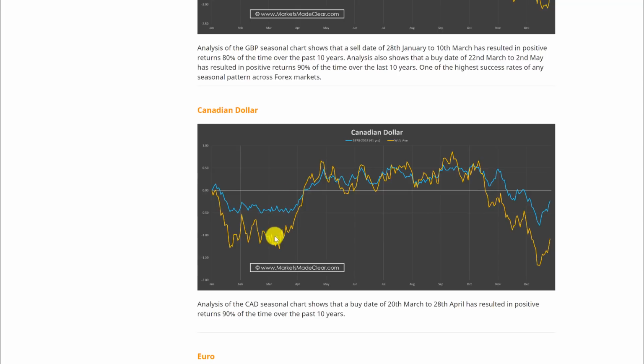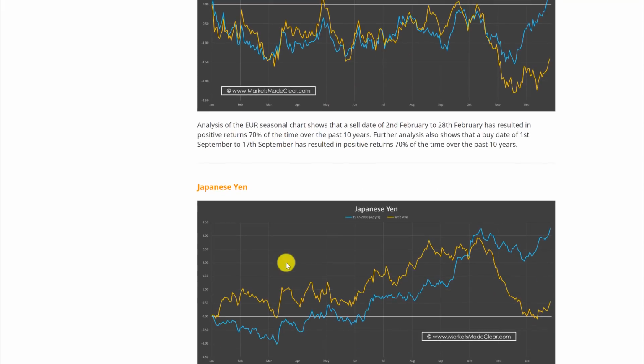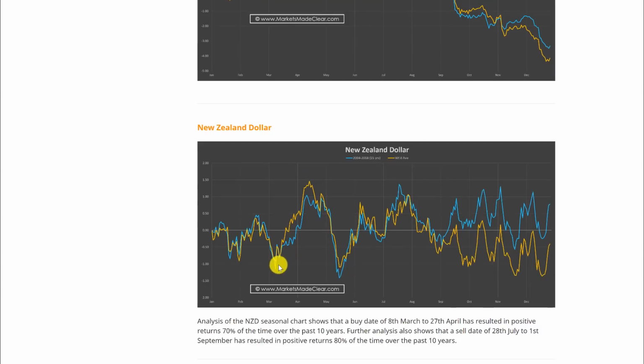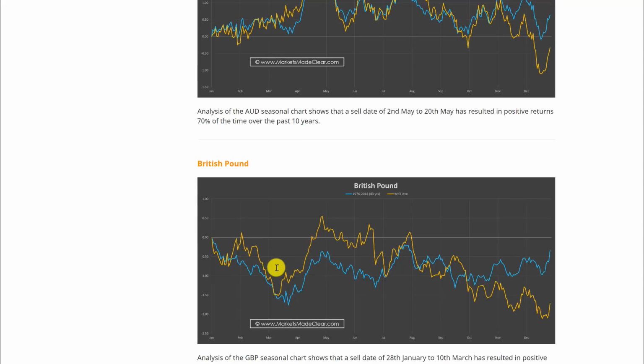Canadian dollar, another one, a bit of a divergence between the two seasonal patterns that we have, but both then align through April again. The euro a bit messy, and we even see strength in the Japanese yen, and Kiwi as well, one of the best performers, actually bottoming out now. And you'll see that the date we're on at the moment, 6th of March, pretty much coincides with a lot of the turning points that we're seeing through our seasonal charts here.